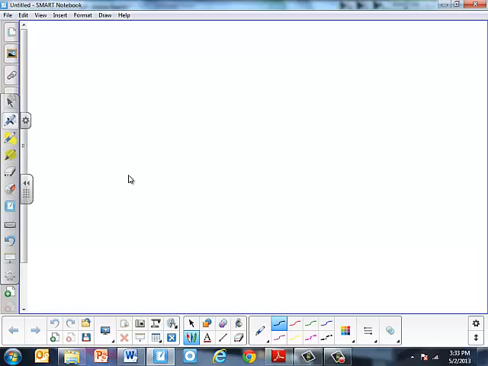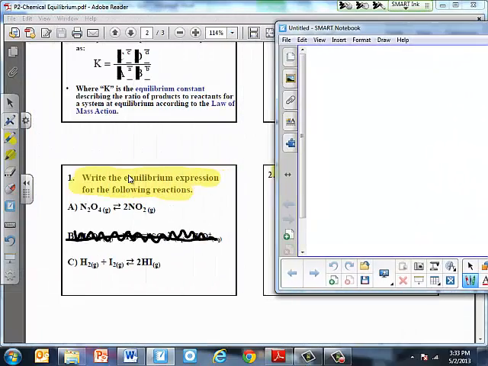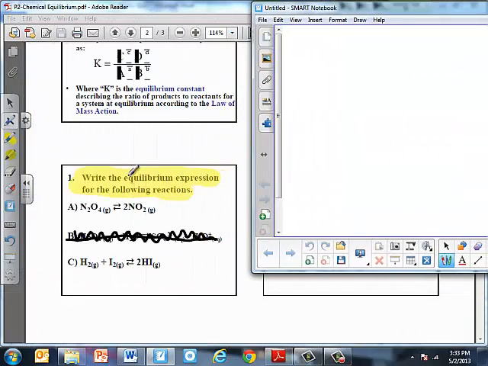And remember, we just have to do a ratio of products to reactants, and that's it. If I bring up a notebook here, we'll slide this over so we can see them both on the same screen. Looking at this one, my equilibrium expression, my K, is equal to, remember, the products go on top.